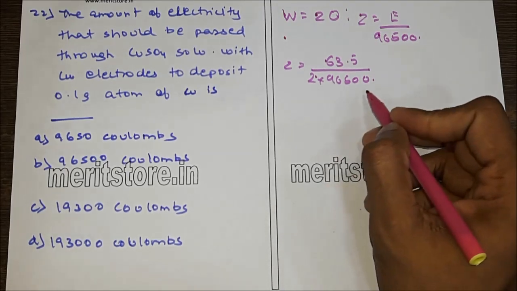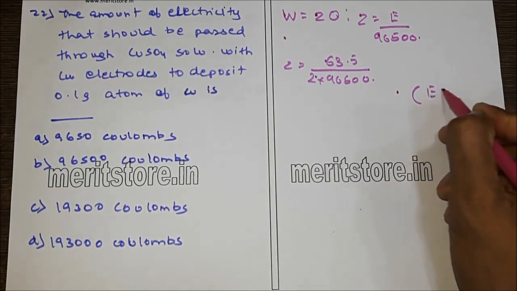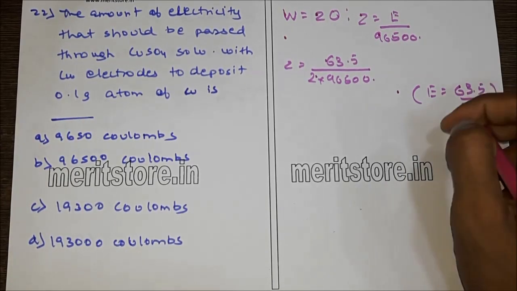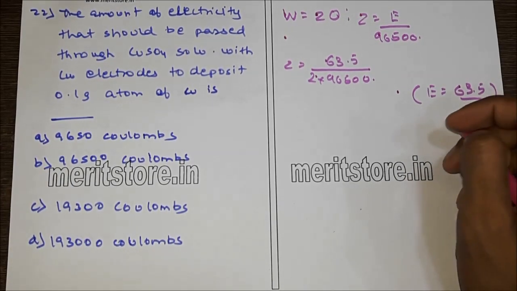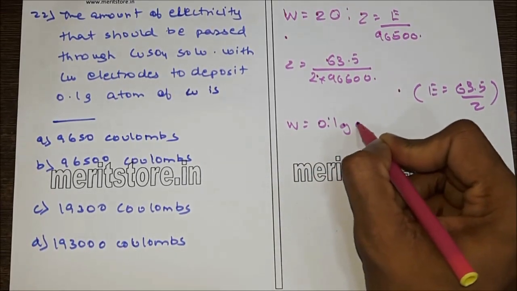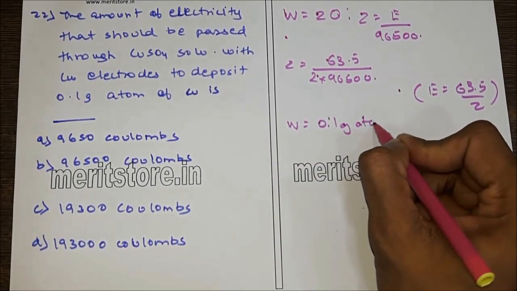So E is equal to 63.5/2. Therefore, W is equal to 0.1 gram atom.